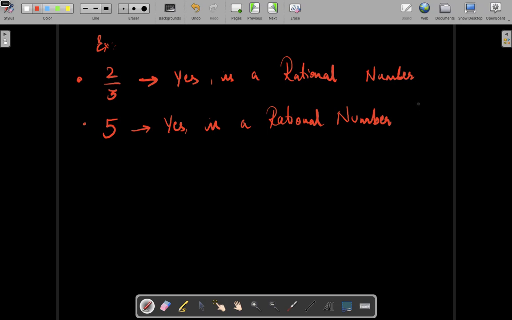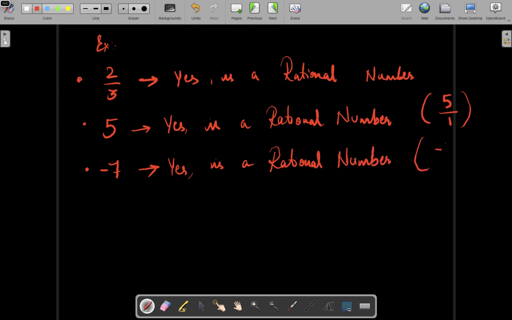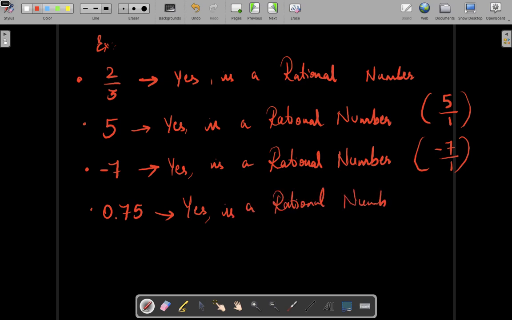It can be expressed as 5 over 1. Minus 7, yes, is a rational number because this can also be expressed as minus 7 over 1. 0.75, yes, even this is a rational number because even this can be expressed as 3 over 4.